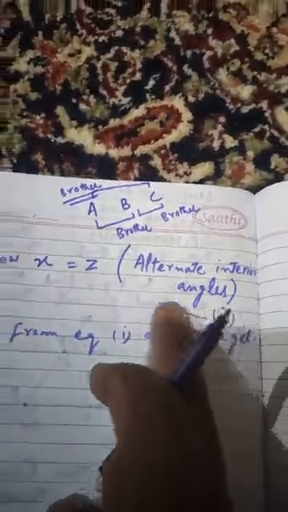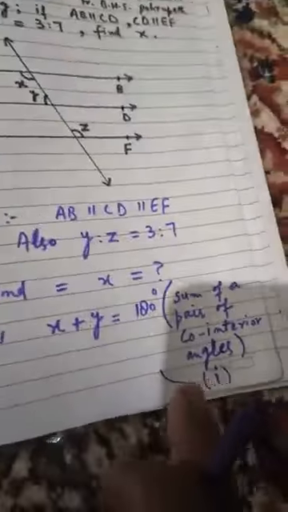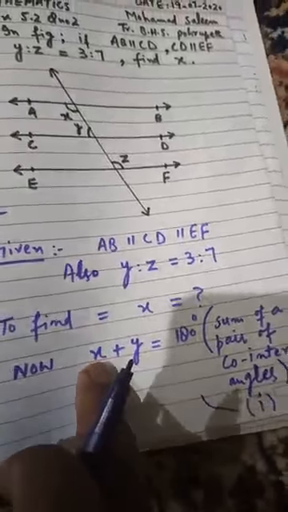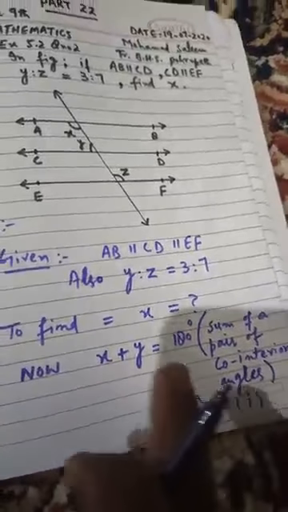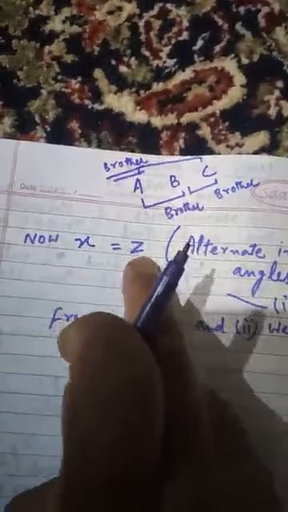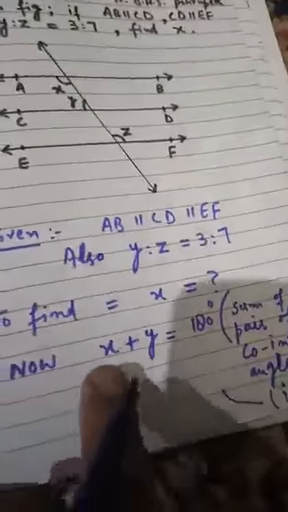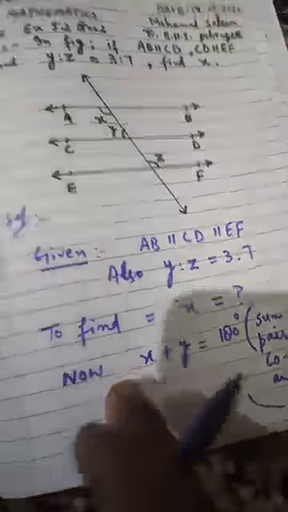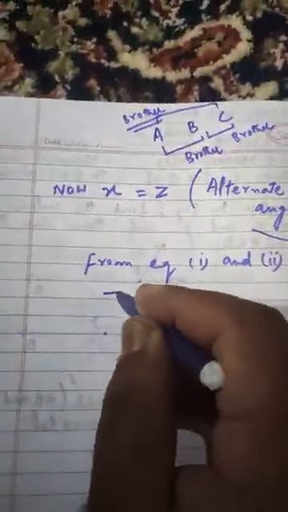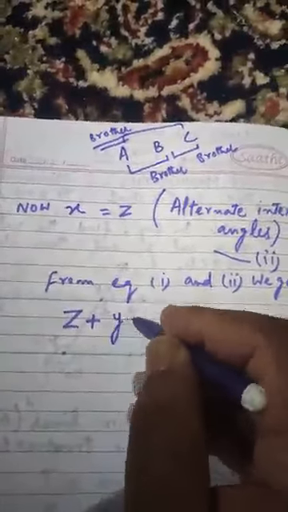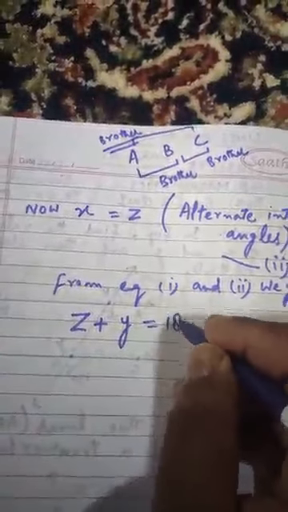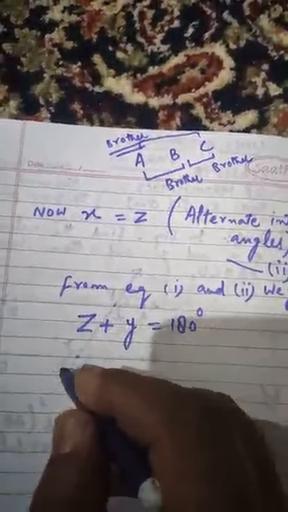In equation second there is x, and in equation first there is x. So we will replace this x in equation first with z. Instead of x we will write z plus y is equal to 180 degrees.